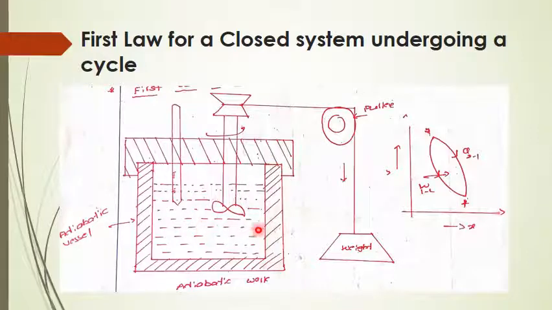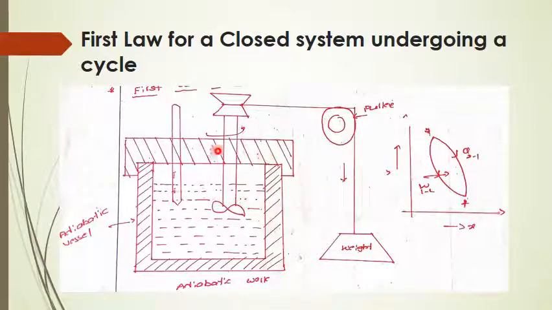That amount of work done on the system is represented in this PV diagram as process 1 to 2. The work done in the process 1 to 2 is W1-2. After adding this work, the temperature of the system rises from T1 to T2.